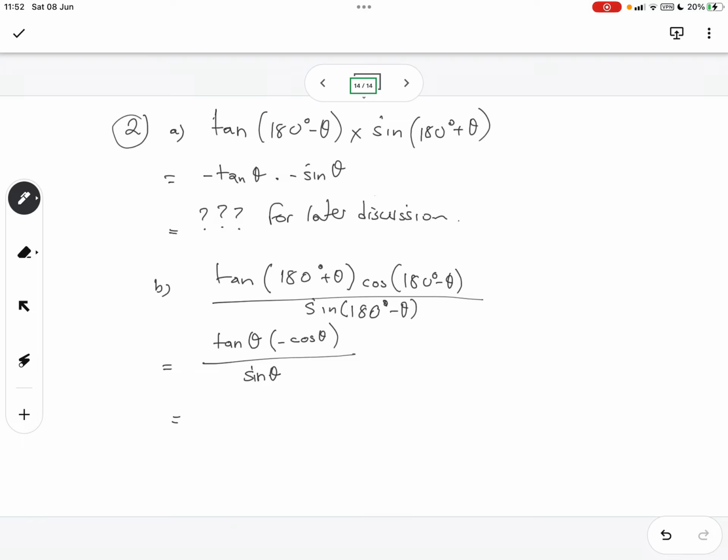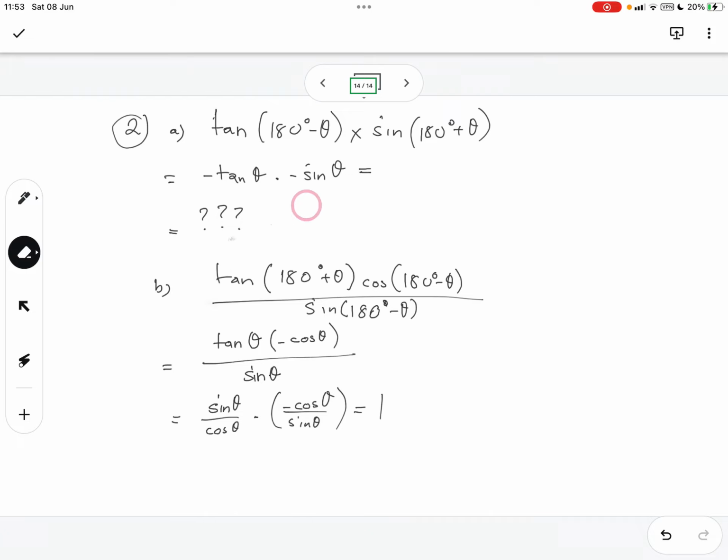In the second quadrant, cos is negative, so this is times negative cos theta. And in the second quadrant, sine is positive, so that's sine theta. Negative cos divided by sine, or rather let's say sine theta over cos theta times negative cos theta over sine theta, and this equals negative 1.